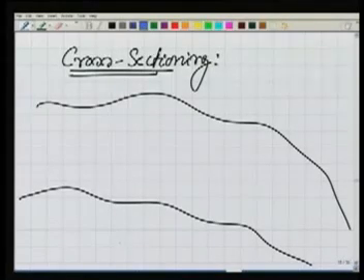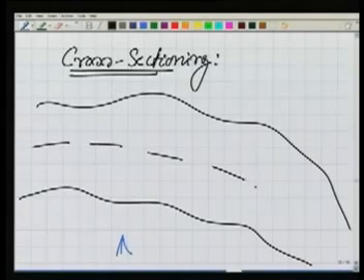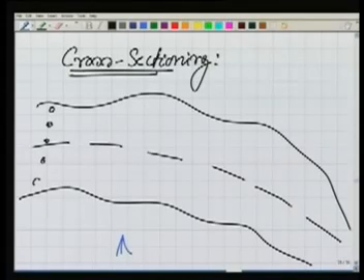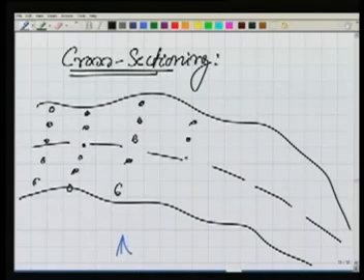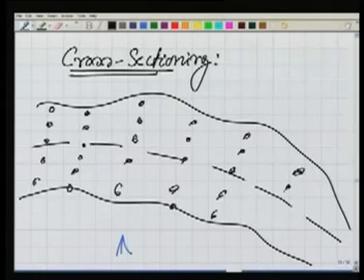If I keep my level here, I would like to have an arrangement of points here. Let us say the points are arranged in such a way that these are the points for which I want to determine the RL.